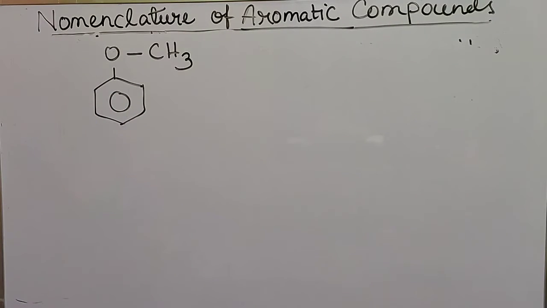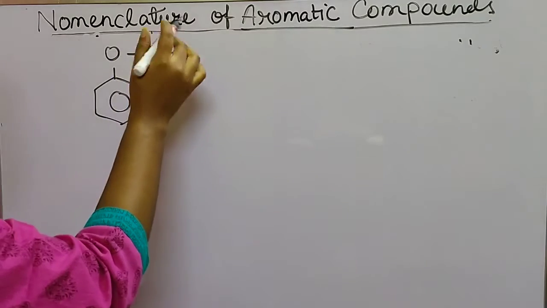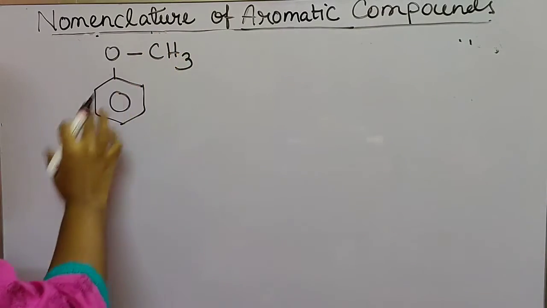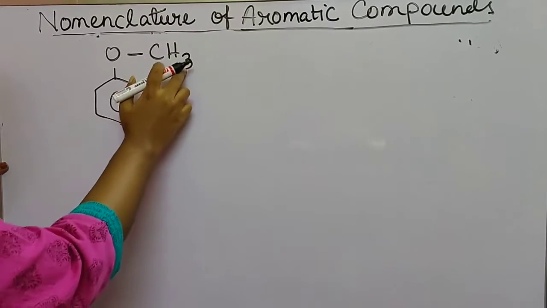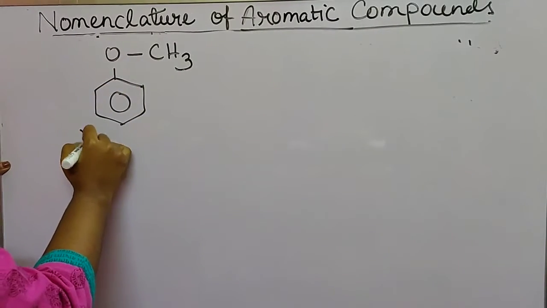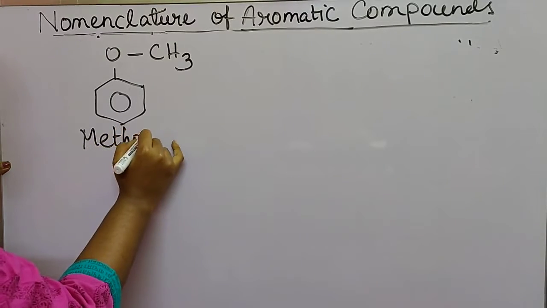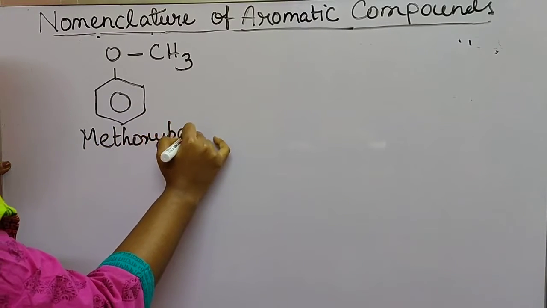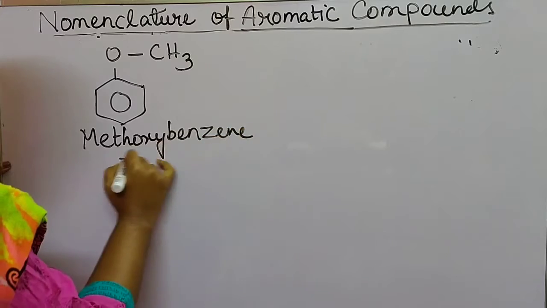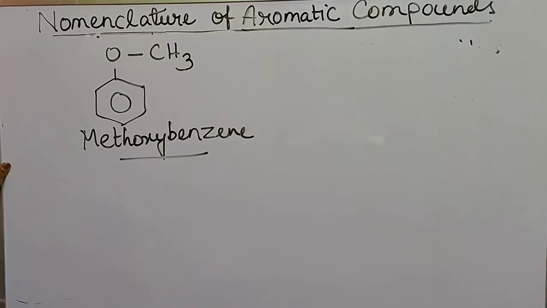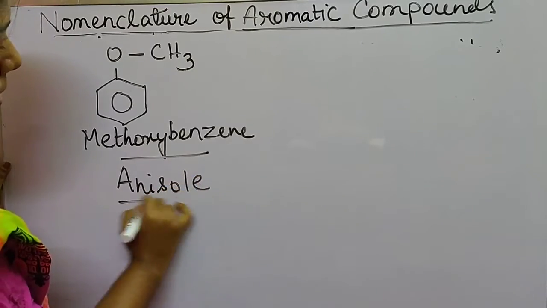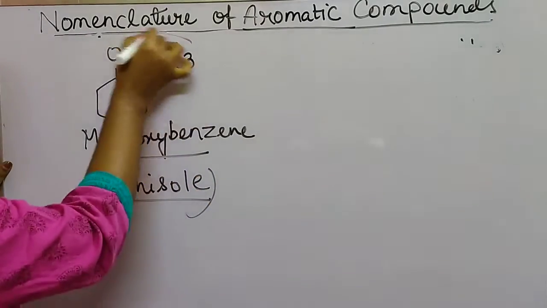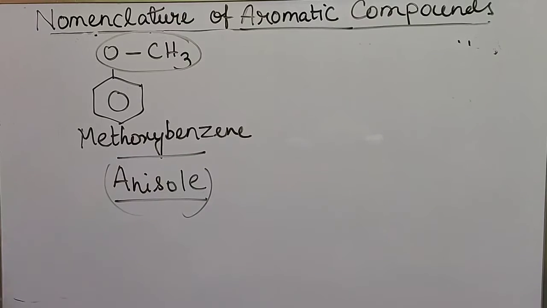The short hydrocarbon part you have to tell first. So this is the short hydrocarbon, then this one: meth plus oxy, methoxy. After that benzene. Another name is anisole, that is the common name. Anisole means when one methoxy group, that is OCH3 group, is present with the benzene ring.